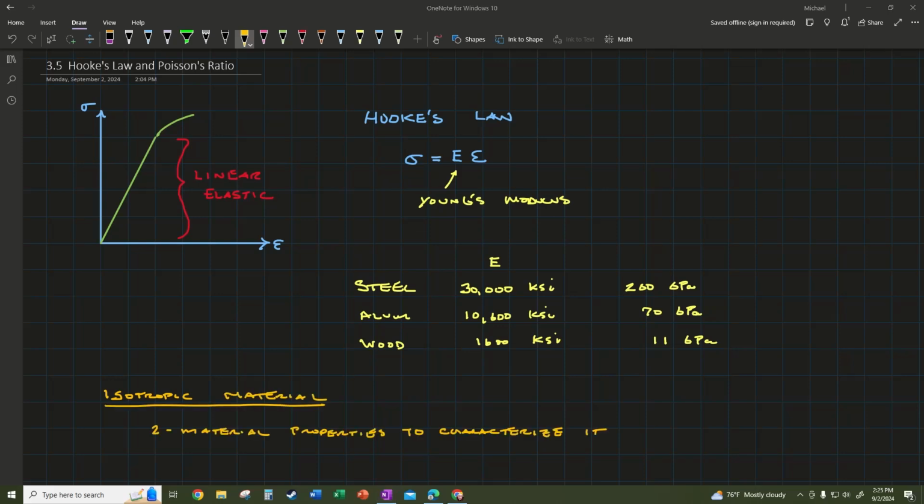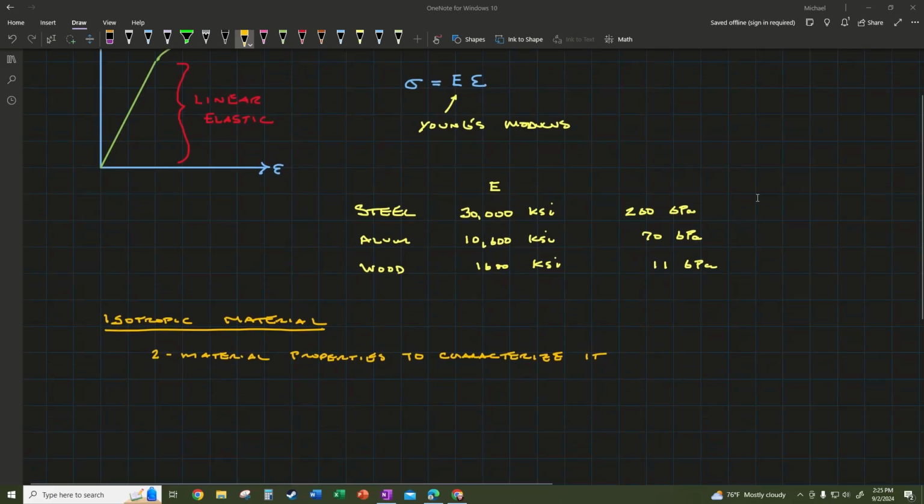And with isotropic materials, you need two material properties essentially to characterize it. We're going to use E as one of those material properties, and a material property called nu, which is the Poisson ratio.